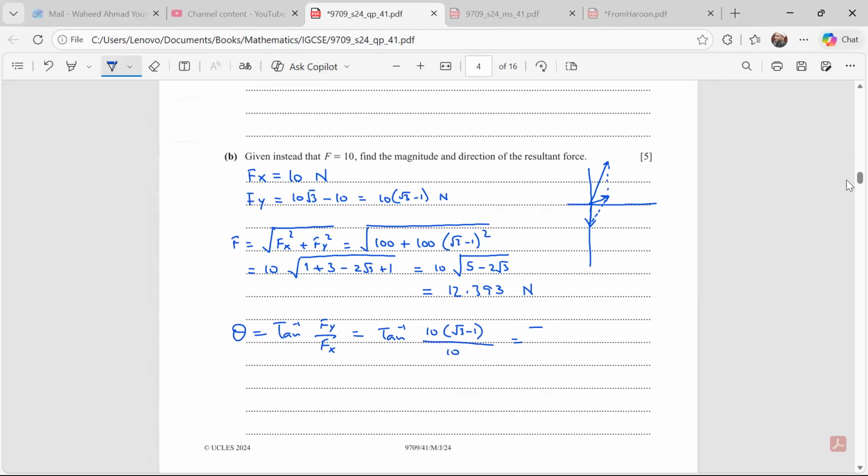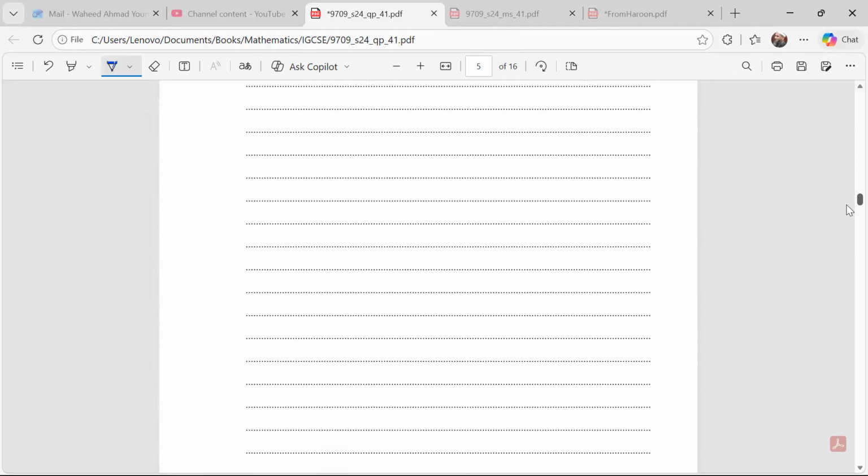So it is tangent inverse of (root 3 minus 1), and this comes out to be 36.21 degrees. So my resultant force has this magnitude at this angle. The angle is 36.21 and the magnitude is 12.39. Okay, so this was part B.